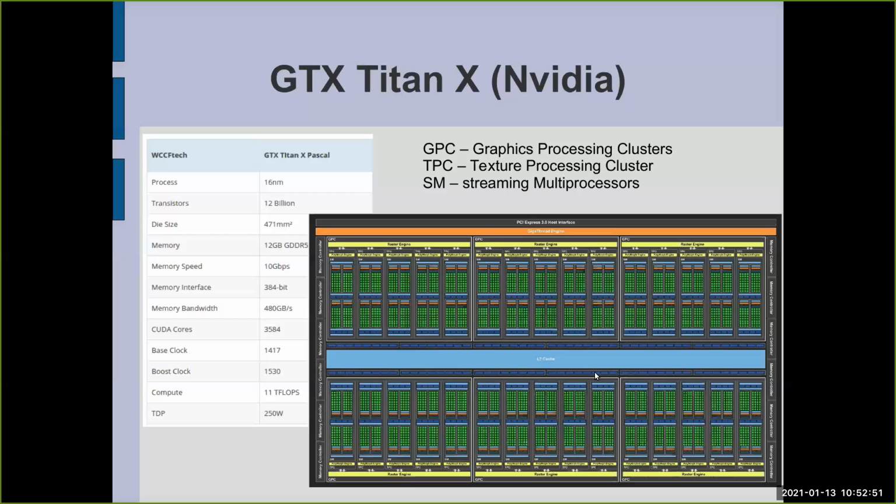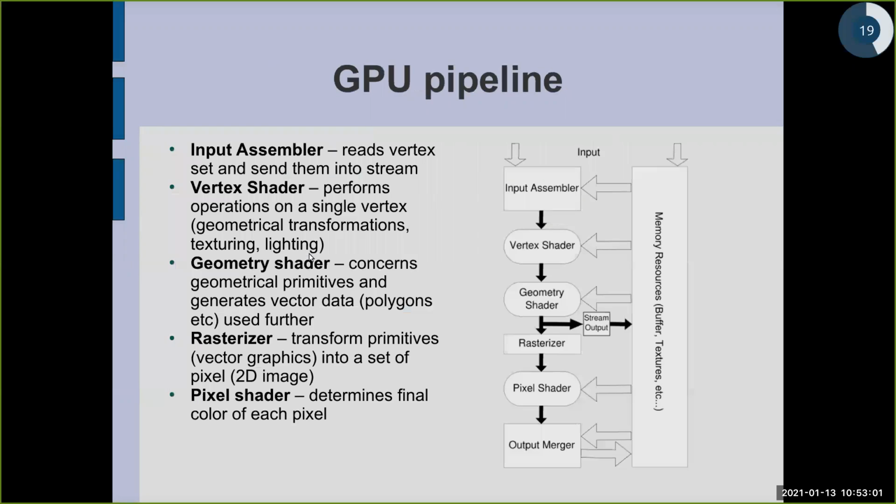So look, when you have a graphics card like this, you should understand why there are so many cores there, what is the reason, or what are the benefits. So now I'd like to show you something which is called a GPU pipeline.